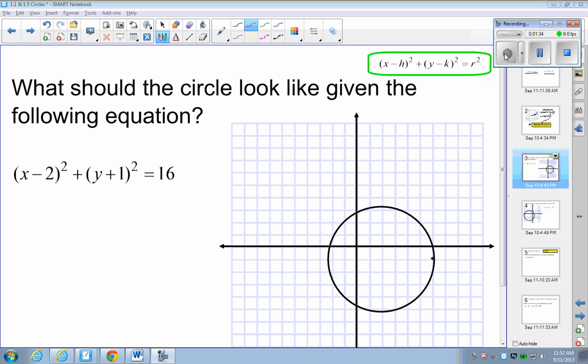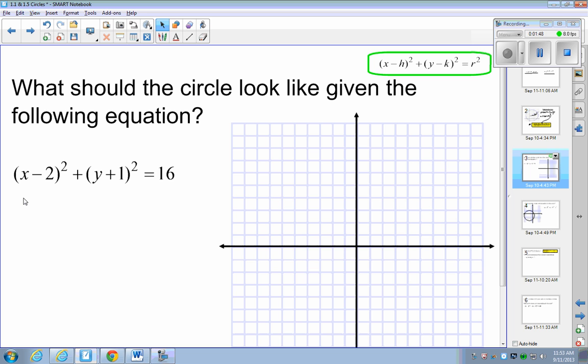In this slide, let's look at a standard form equation that's given to us and see if we can come up with a circle that describes it. All right, so let's first look at what our center is going to be. So center is going to be equal to h comma k. Well, h in this case is equal to 2.